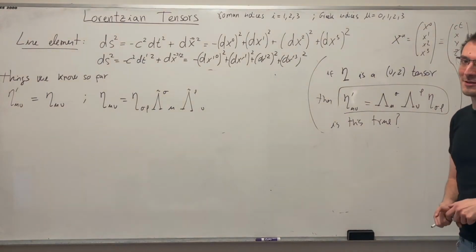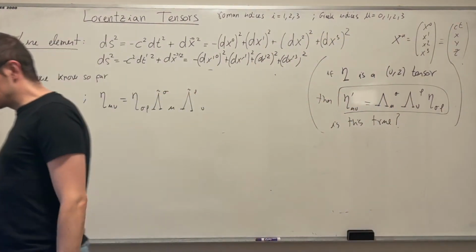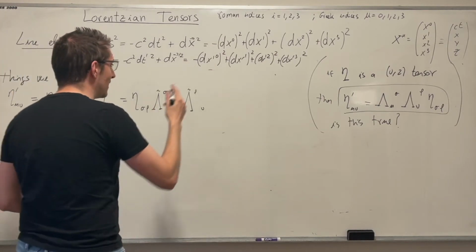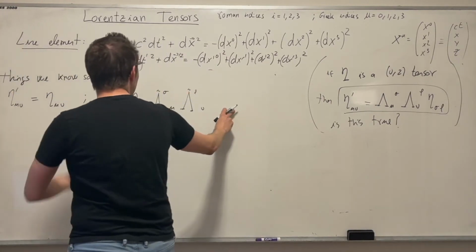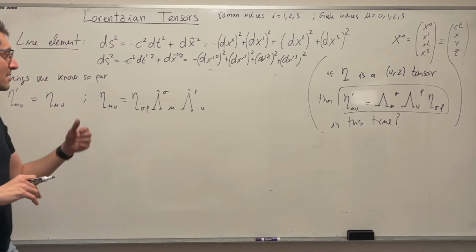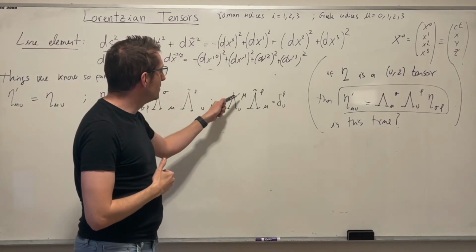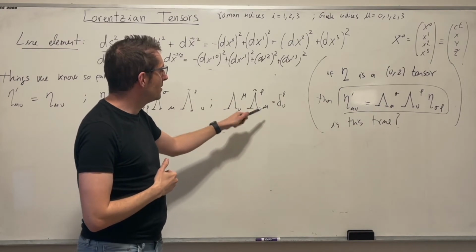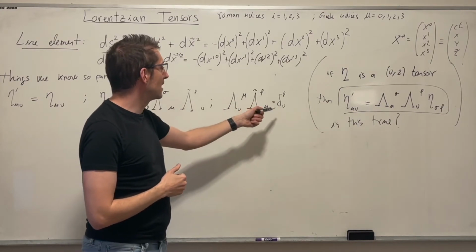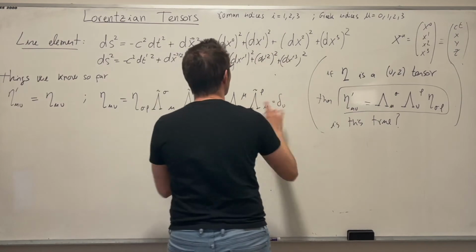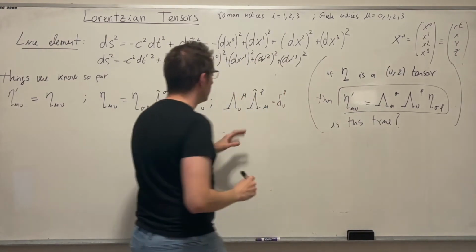So we need to work a little bit more to prove that and to be able to declare this a tensor. Now, we know that lambda and lambda tilde are inverse transposed of each other. That means that this identity is true: lambda nu mu and lambda tilde rho mu give the identity delta nu rho. Do you see this relation?